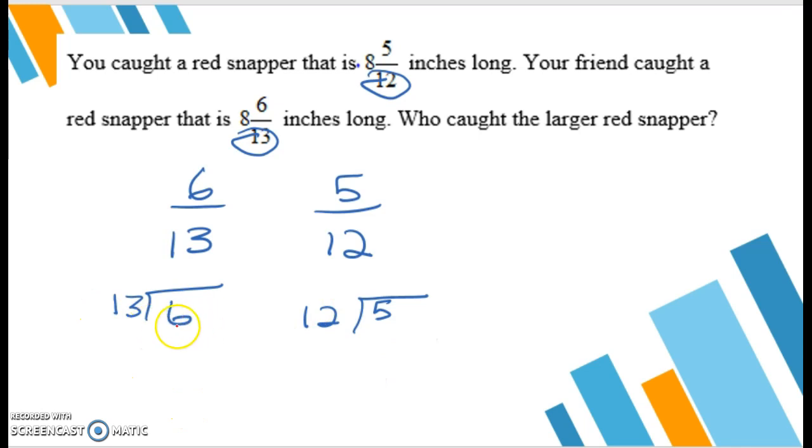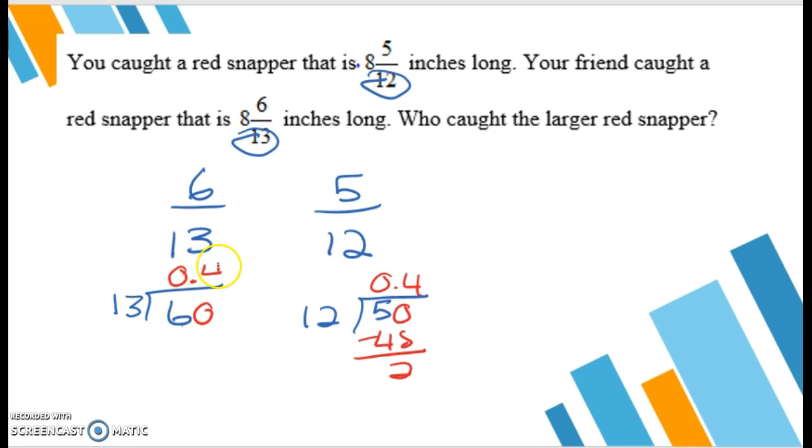So let's do this in a different color. 13 does not go into 6, so I need to make that a 0 point, and that's going to be 60. Over here now, 12 can go into 5, 0 point, and then I'm going to add a 0 here. 12 goes into 50 4 times, which is 48, 2. And then 13 into 60, I don't know my 13 facts that well, but I can figure it out.